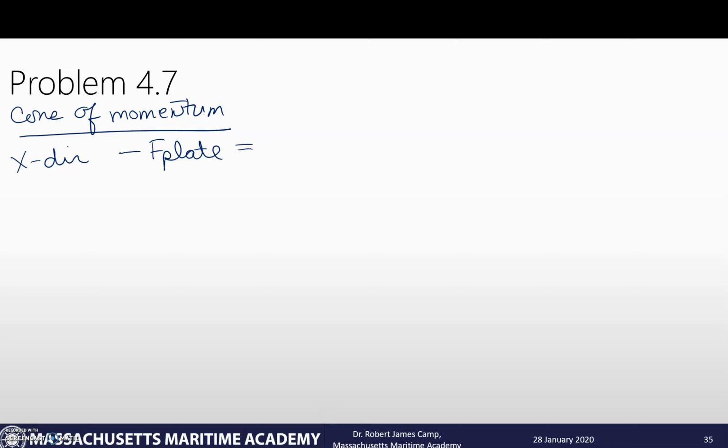And what's that going to equal? Well, remember that's going to be the sum of all of our momentums out, so m dot v out, minus the sum of everything coming in, which is m dot v in. So we have everything coming out. So the m dot at 2, which is where our second diameter is, times the x component of that.